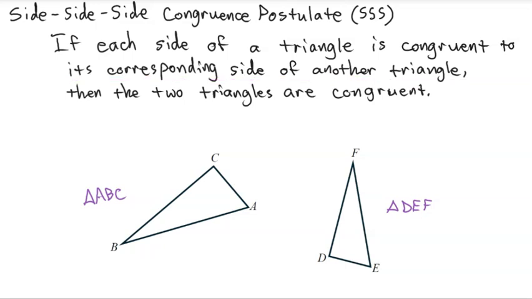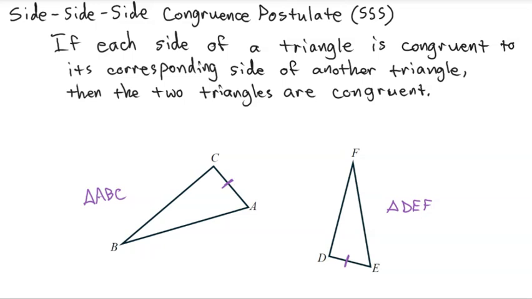So what we're saying is if this short side is congruent to this side over here, that's how we show congruence sometimes: we put slashes through two sides of geometric figures to indicate that they are congruent. So if I put a single slash here and a single slash here, it means those two sides are congruent.